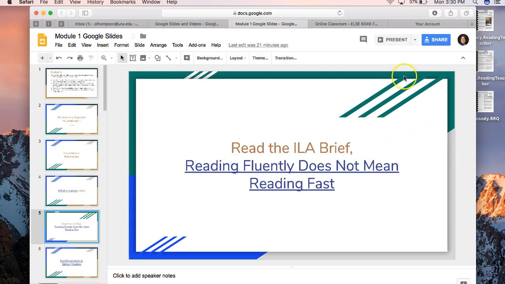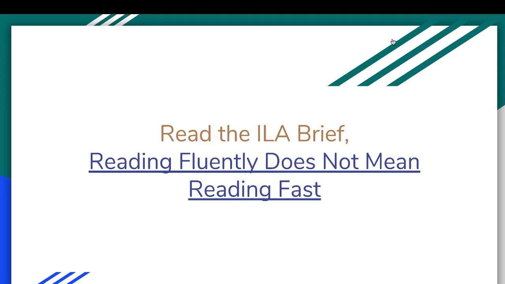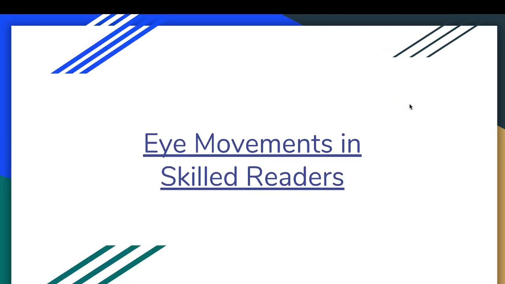Fluency includes reading fast, or being able to read, not necessarily fast, but with automaticity would be a better word. But it's not just that. So reading fluently does not mean reading fast. That would be a great article for you to read.